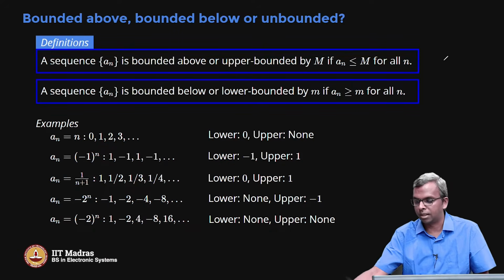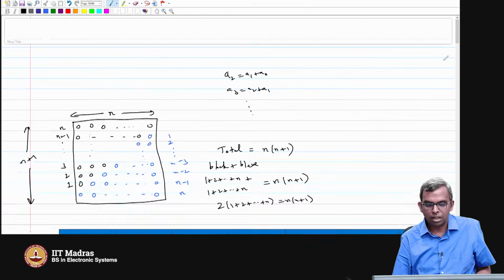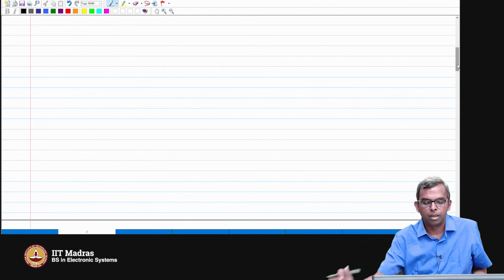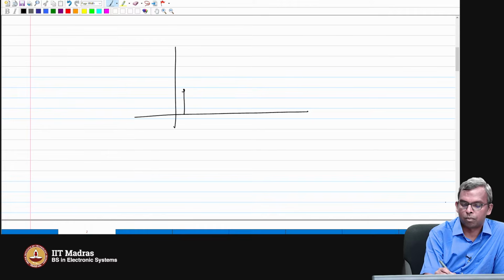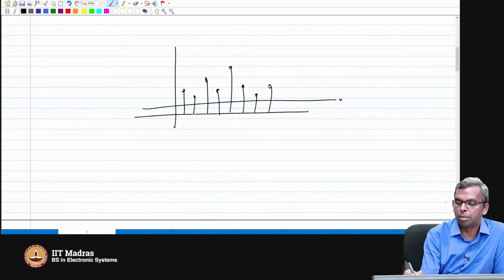If you want a picture, maybe I should draw the picture here. If you have the stem plot of a sequence, a lower bound will be here and the upper bound will be here.